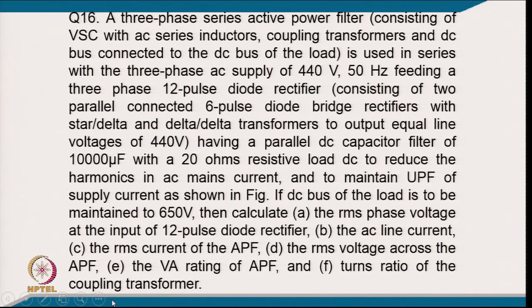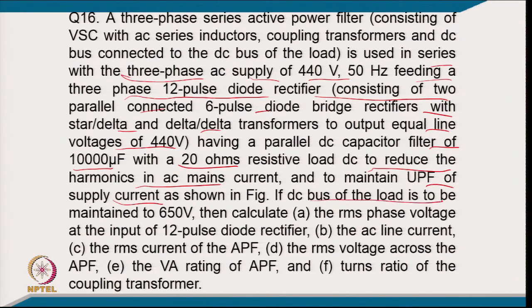A 3-phase series active power filter consisting of a voltage source converter with an AC series inductor, coupling transformer and DC bus connected to the DC link of the load is used in series with the 3-phase AC supply of 440 volt 50 hertz feeding a 3-phase 12 pulse diode rectifier consisting of 2 parallel connected 6 pulse diode bridge rectifiers with star delta and delta delta transformer to the output equal to the line voltage of 440 volt, having a parallel DC capacitor of 10,000 microfarad with a 20 ohm resistive load DC, to reduce the harmonics in the AC mains current and to maintain the unity power factor of the supply current as shown in the figure.